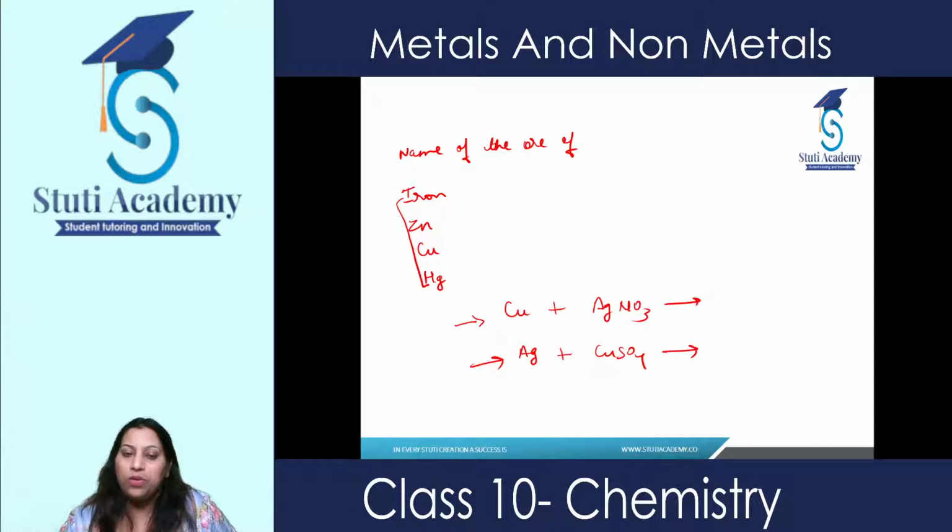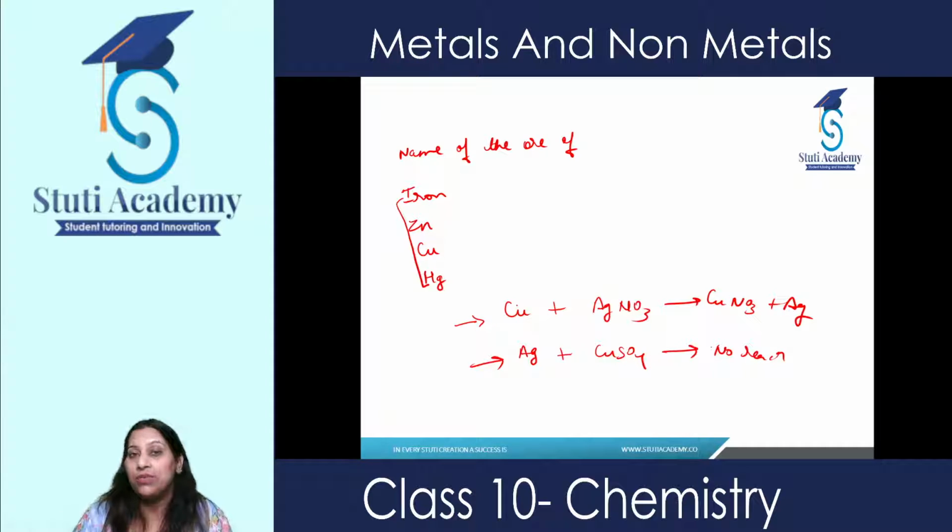Now, copper being more reactive than silver, it results in the formation of copper nitrate and silver is left behind. Now in this one, no reaction takes place because silver being less reactive than copper, it cannot displace copper from its salt solution. So these are the reactions that take place when these two react with each other.